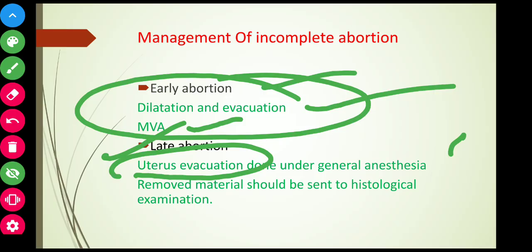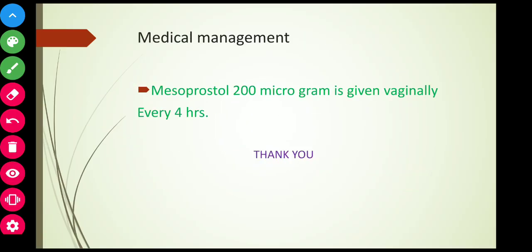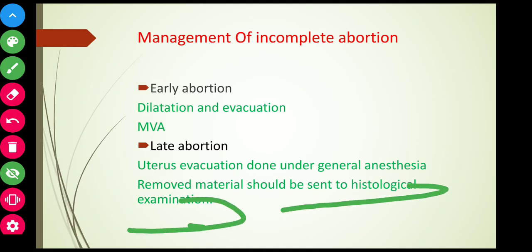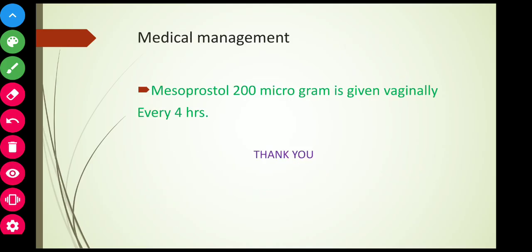When they empty the uterine cavity, the removed material or conceptual material should be sent for histological examination. Next, medical management. Here misoprostol should be given, 200 microgram vaginally, every 4 hours.